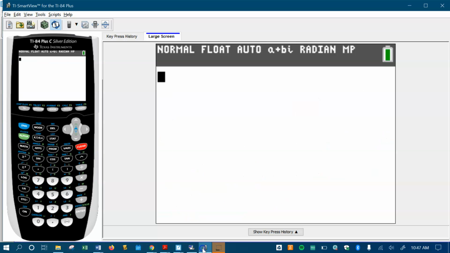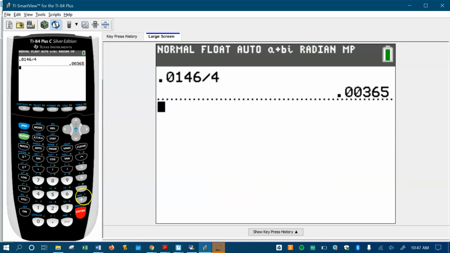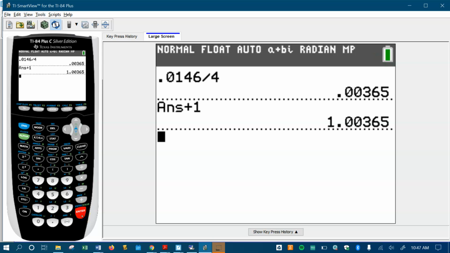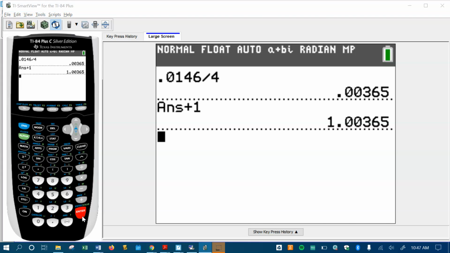The way I do this on my calculator is I start with the division first. I do 0.0146 divided by 4. Now I get 0.00365, but then I add 1 to it. So plus 1, and now I get 1.00365.